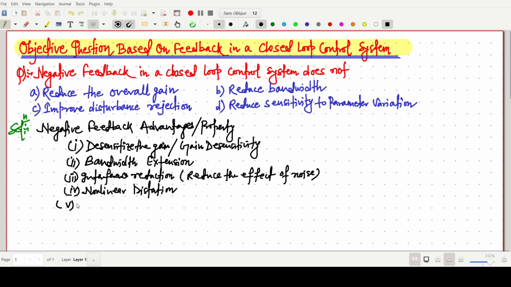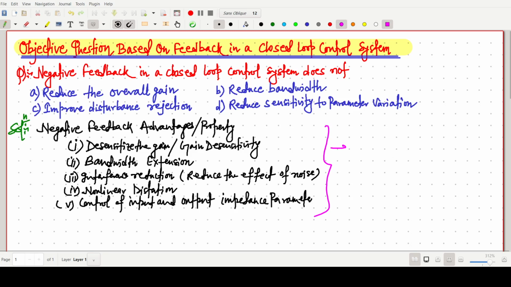And number five, control of input and output impedance parameters. So these are the very fundamental properties of negative feedback.